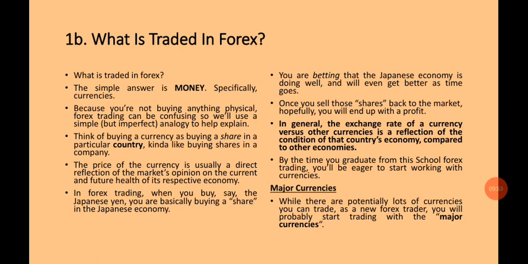The price of the currency is usually a direct reflection of the market's opinion of the current and future health of its respective economy. In forex trading, when you buy, let's say the Japanese yen, you're basically buying a share of the Japanese economy.